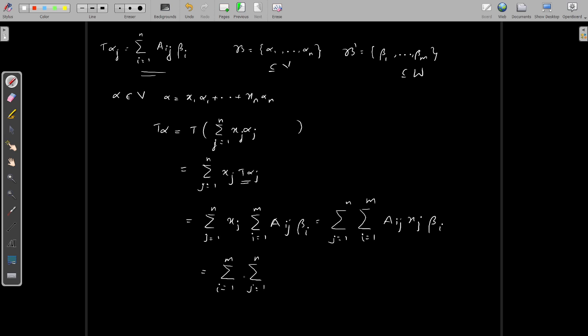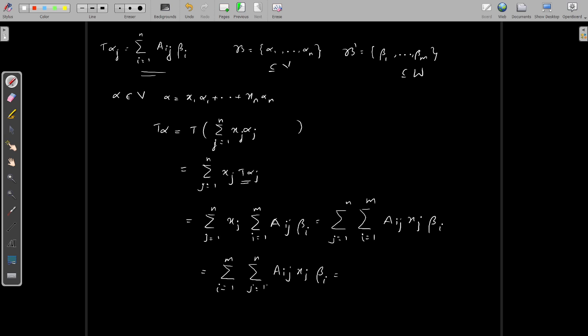When you interchange these two summations, you can expect the sum is not changed. So that is equal to aij xj beta i.